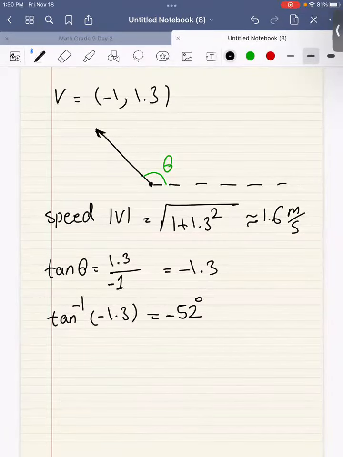Let's say this guy is alpha. So alpha is 180 minus theta, because this also is theta.